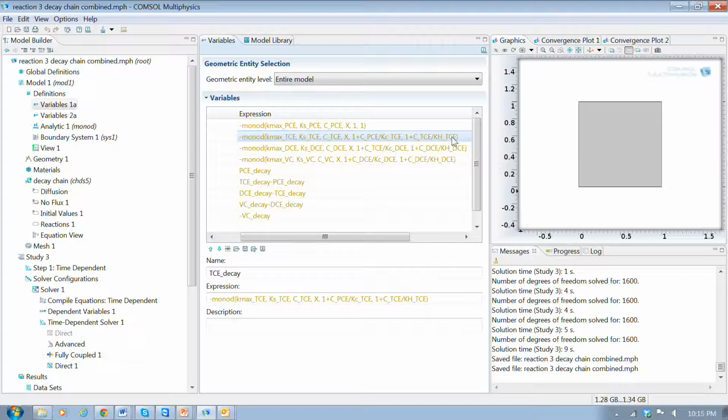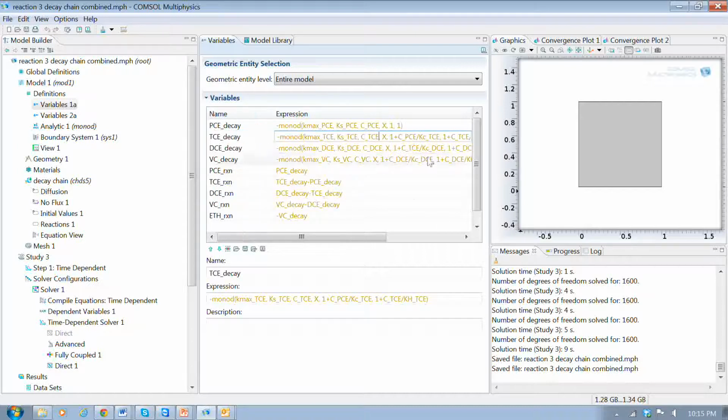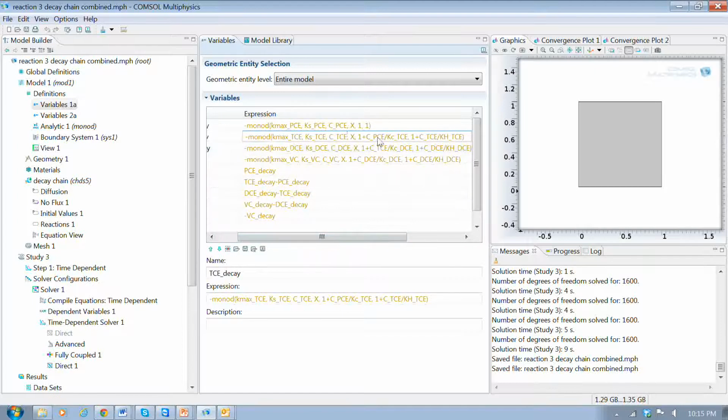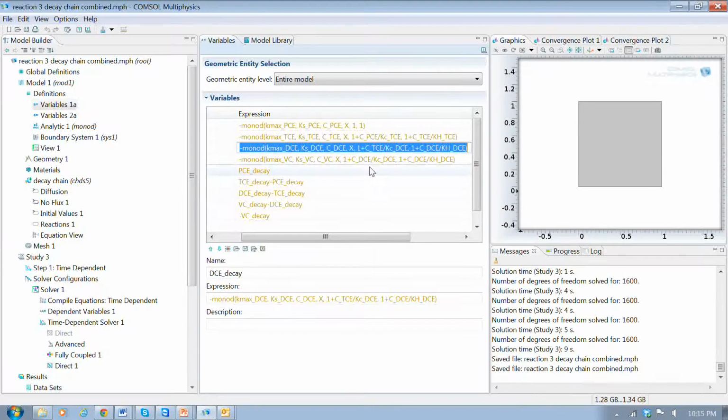And one of the things you have to keep in mind is that this first inhibition term depends on the concentration of the compound in the decay chain above it. So this is the expression for TCE, and it depends on the concentration of PCE right there. Whereas this Haldane inhibition depends on the concentration of TCE. The rest of these terms are the same, except you just change the TCE and DCE and VC.